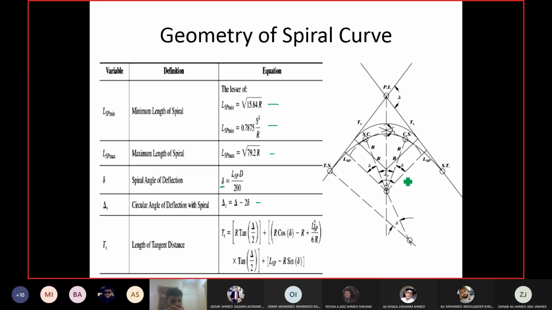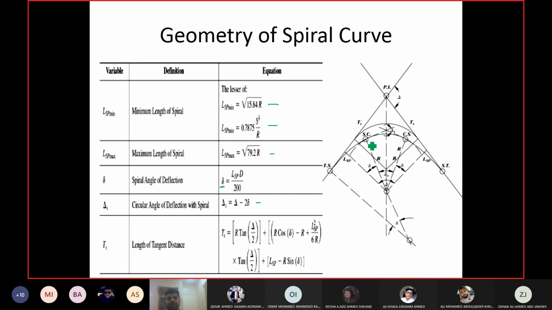Now how is a spiral curve provided? So you have this point, which is the start of the spiral curve, TS. TS means tangent to spiral. So this is the start of the spiral curve, where the spiral curve is meeting the tangent. Then you have the length LSP, length of the spiral curve, and you will reach SC.